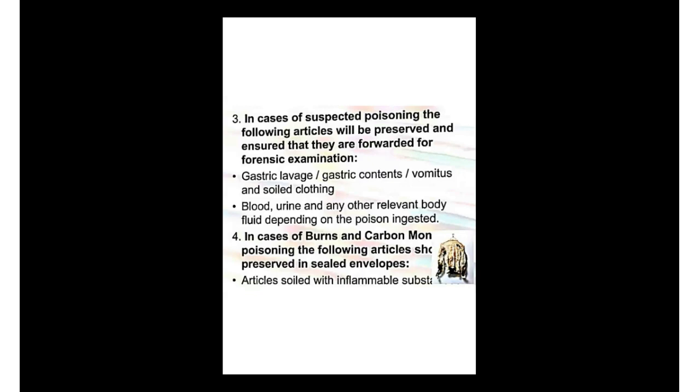Okay. Next is your blood, urine, and other relevant body fluids, depending upon the poison ingested. So, what kind of poison that person ingested and from which source, basically. Depending upon the poison, all these things will also be considered as evidence.